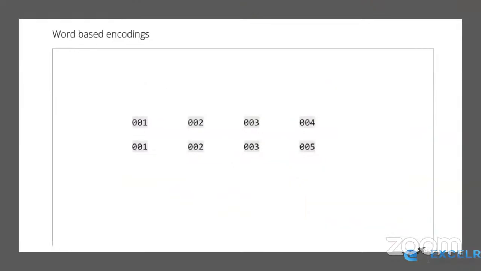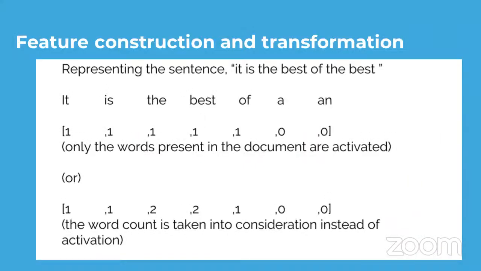So word-based encodings are still being utilized till now, but there are different possibilities to come with. One more possibility is the transformation of your sentences. Sometimes if you're not finding the right essence for your model or application, you can represent the sentence differently. For example, "it is the best of the best".